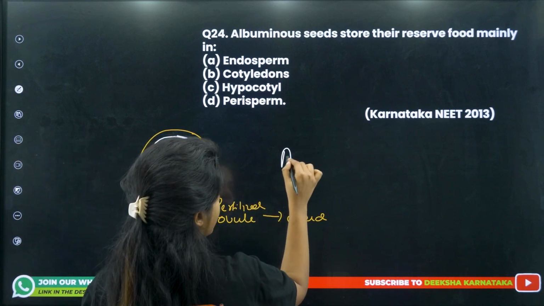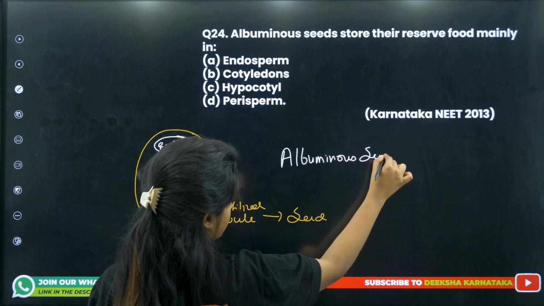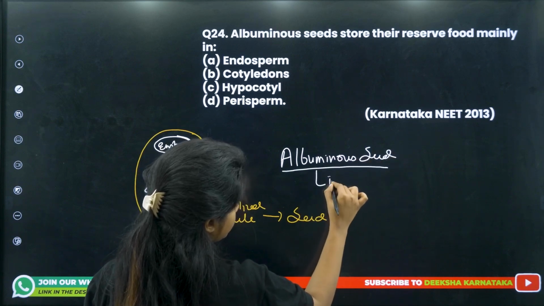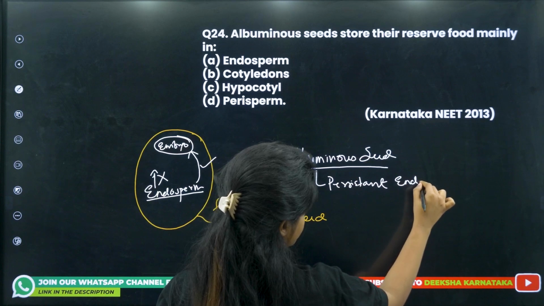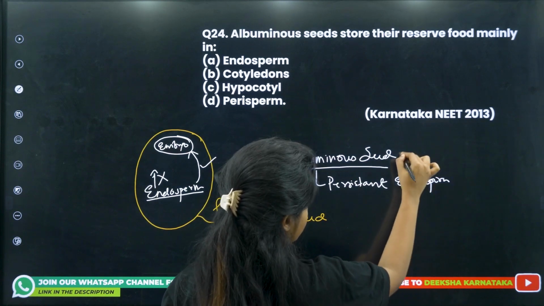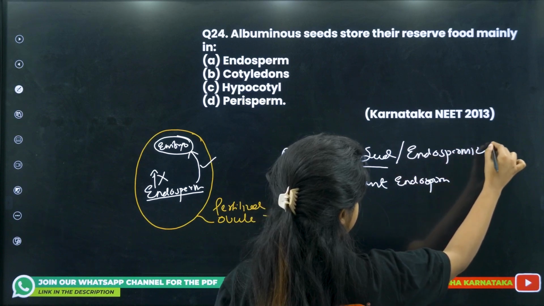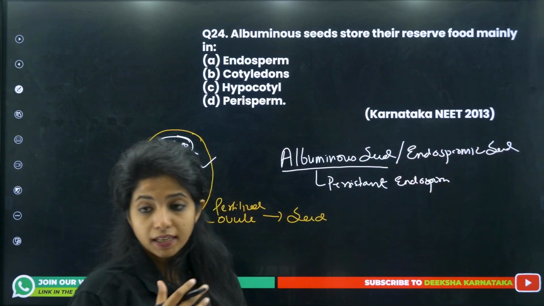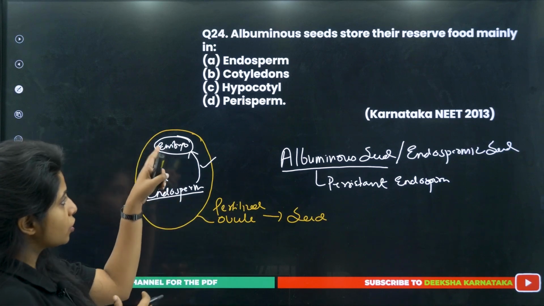You call these seeds as albuminous seeds, which has persistent endosperm. The endosperm is still persisting. You also call it endospermic seed. And when I say endosperm is persisting, that means the embryo is not storing things in itself.